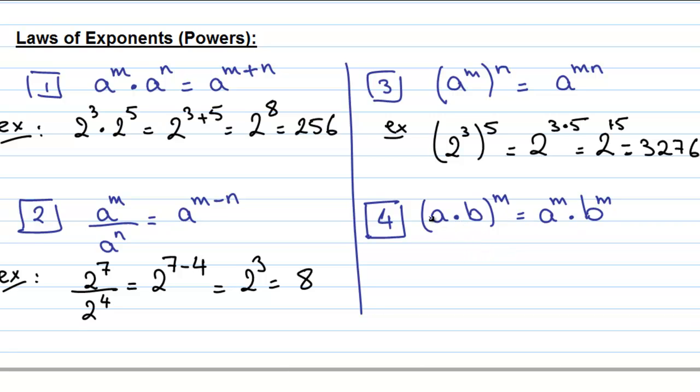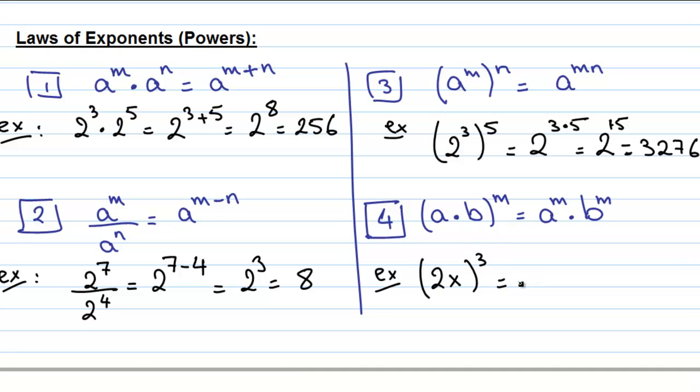So you can see here I removed the brackets and I've given A the power m and B the power m as well. Example for this one will be 2x all power 3. So I have 2 multiplied by x. 2 here is like A in the rule, and x would be B. M, the exponent, you can see it's 3.